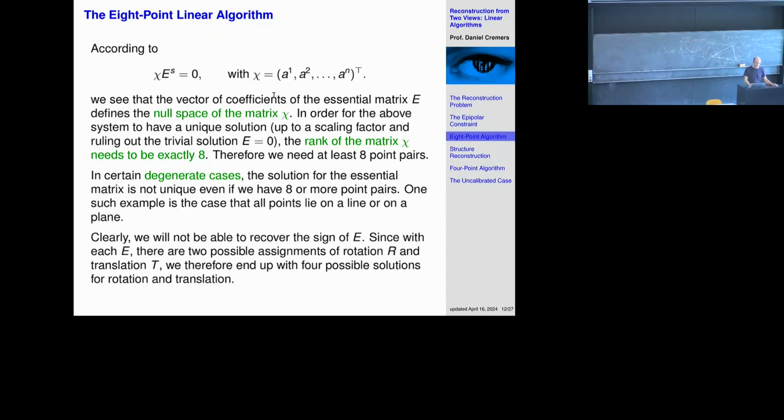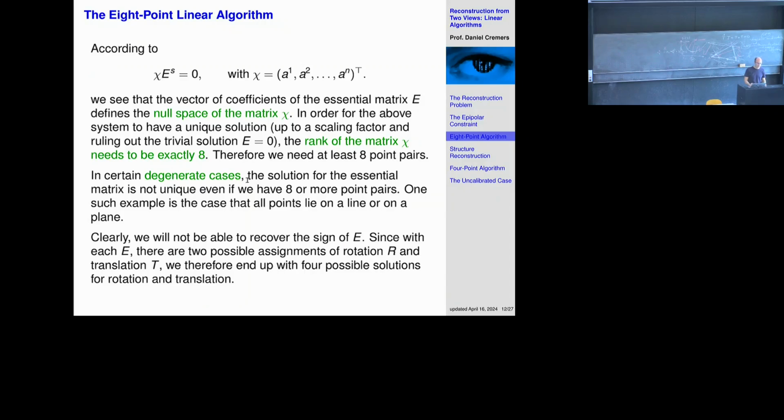For example, if all the 3D points you observe in this world lie on a line or on a plane, then you have a degeneracy. And this does happen in the real world. If you take images and all the things you see live on a plane, you have a degeneracy. And so this is something that in general you should try to avoid.